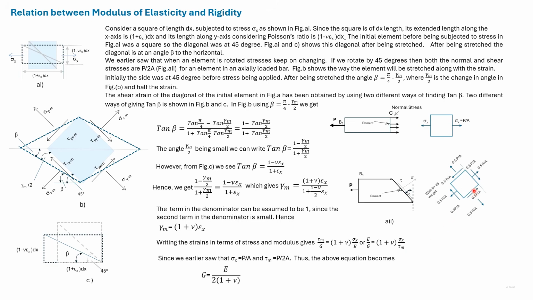From this figure, we see that sigma x here was P by A and tau m is 0.5 P by A. So sigma x divided by tau m would be 2. Replacing the value, we get G is equal to E divided by 2 (1 plus nu).